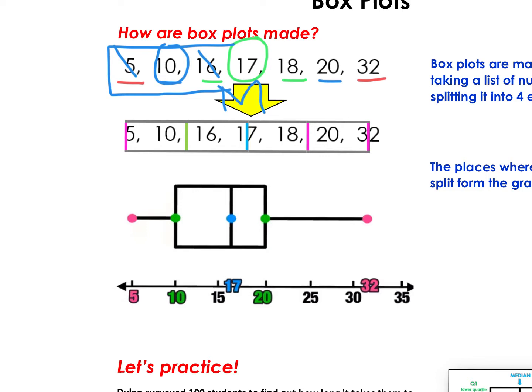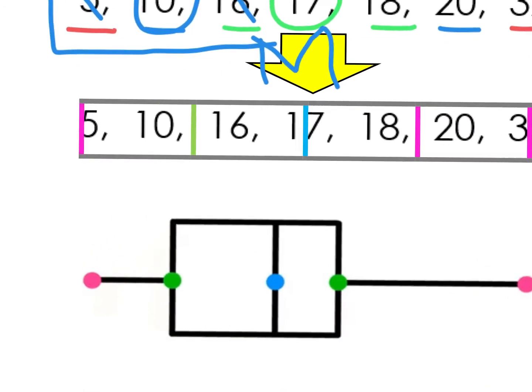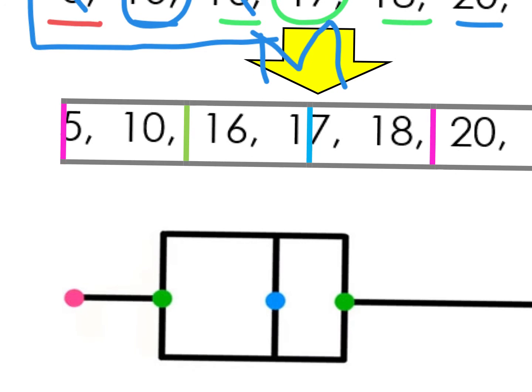So 10 is what we call quartile 1. This is our lower quartile. I'm going to label it quartile 1. Remember, quartile 1 is where it's broken up, the first part where we break it up.